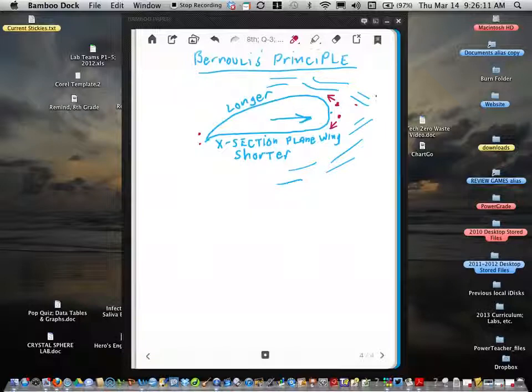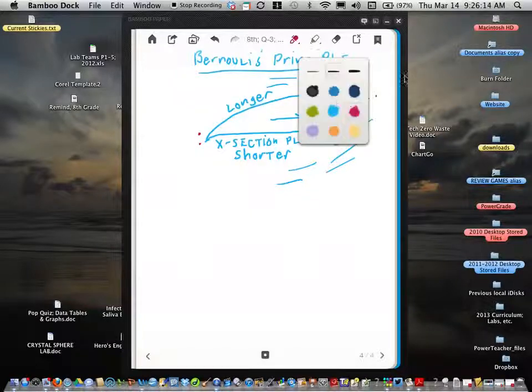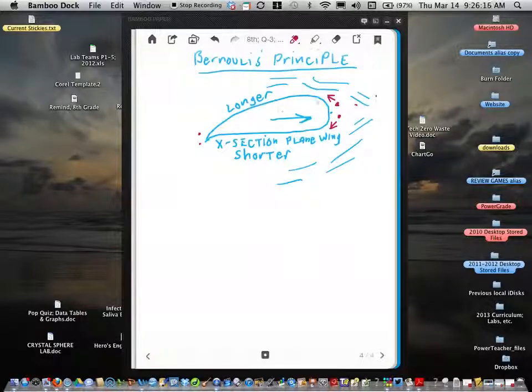That means the one on top is faster, because it's going a greater distance in the same amount of time. That means the one on the bottom is slower than the one on the top. Okay, we good up to this point?